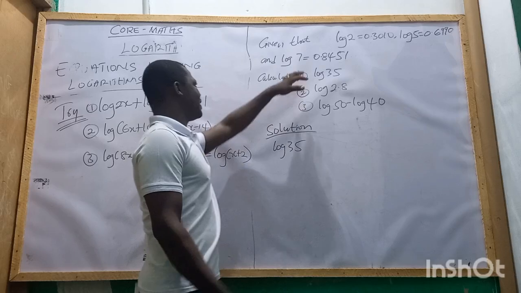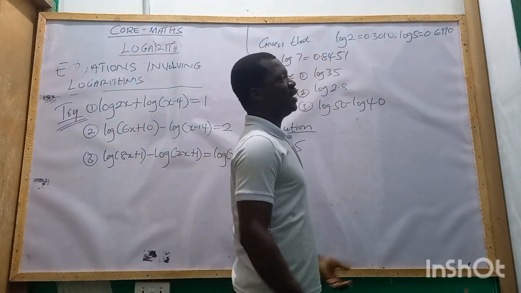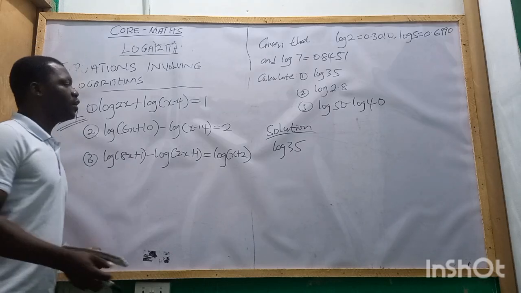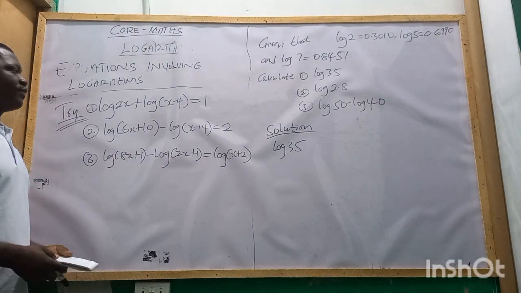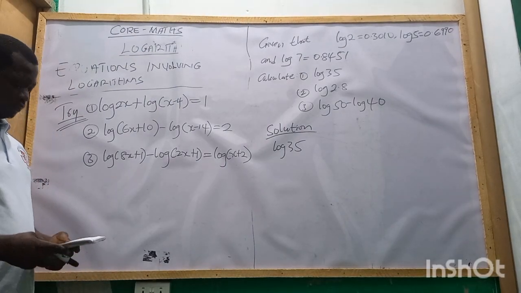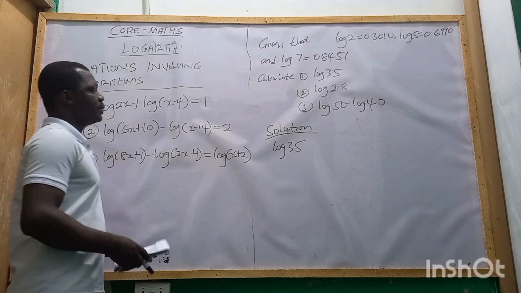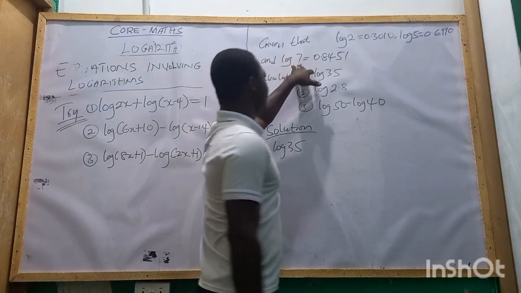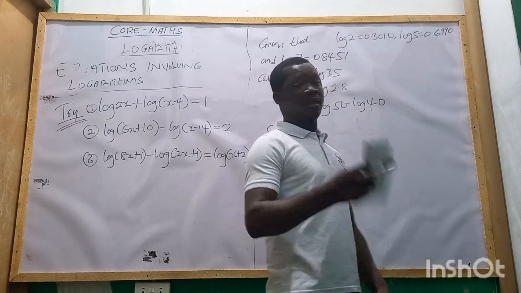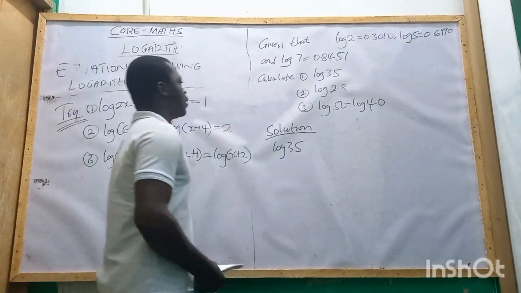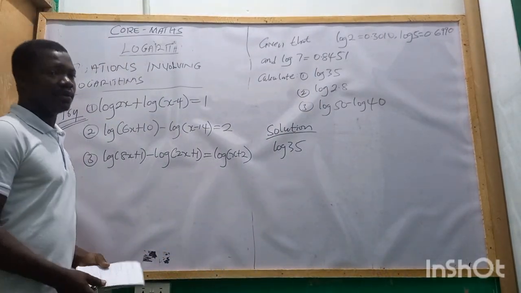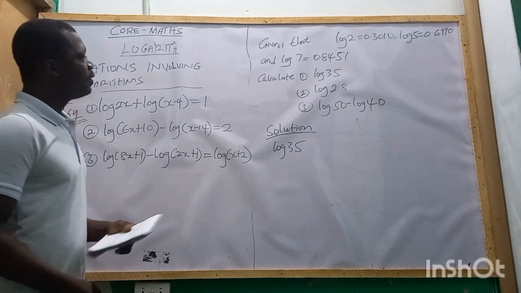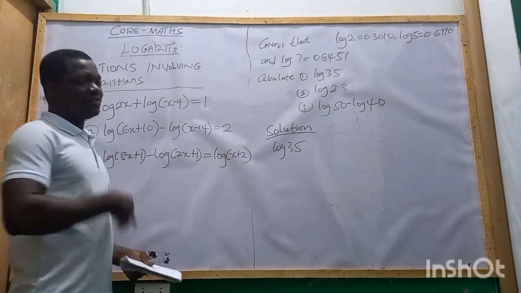How can we add, multiply, subtract, or divide these numbers to get log 35? If you check, 5 multiplied by 7 or 7 multiplied by 5, you get 35. Multiplication is commutative, so either way you get the same thing.